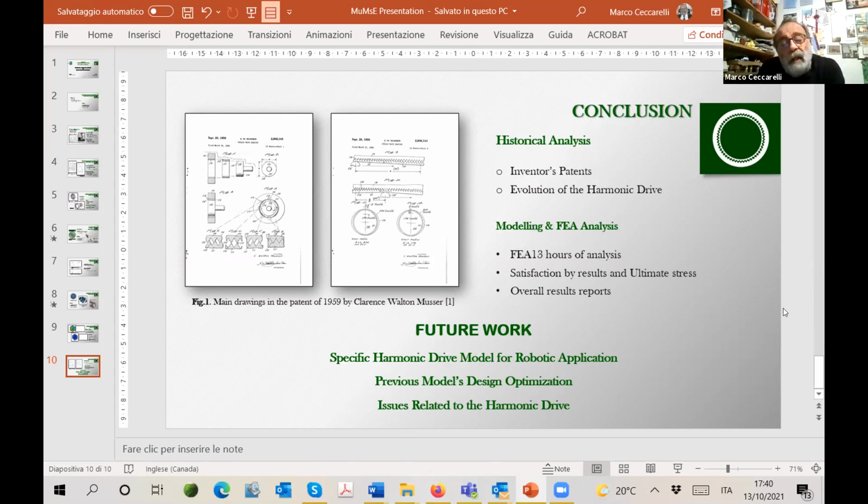This work also gave him the possibility to fully understand the peculiarity of the harmonic drive design, and he applied his capabilities in order to characterize the design.